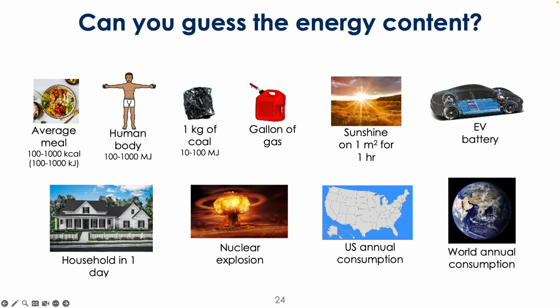What about a gallon of gas compared to 1 kilogram of coal? Diesel or? It won't matter from an orders of magnitude perspective. This is actually at the upper end of that, so about 100 megajoules, 100,000 BTUs.